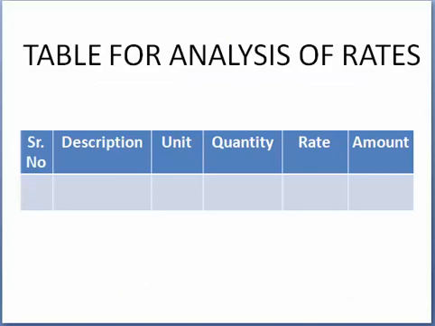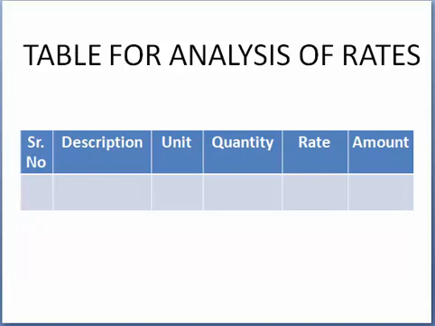Now, this is the table for analysis of rates. The table includes serial number, description, unit, quantity, rate, and amount. This is the standard format in which the analysis of rates is made available to us by various government agencies.